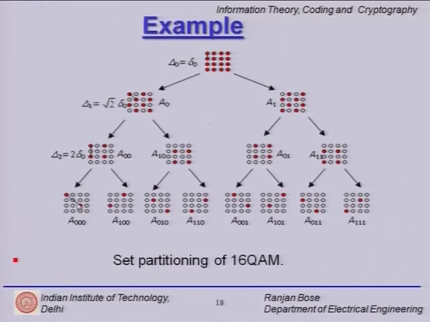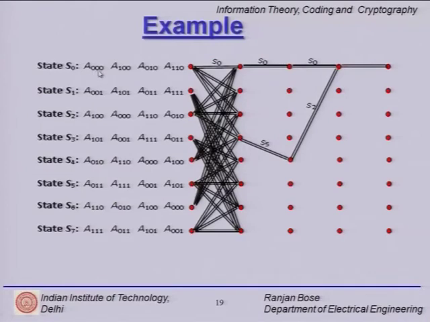So, these 2 symbols must be assigned to the first parallel transition, these 2 symbols must be assigned to the second, and then subsequently we can look at the different transitions. So, the 2 symbols from A000 are assigned here, A100 are assigned to the next set of parallel transitions, 2 symbols from A010 to this one, and finally 2 symbols from A110 to this one.